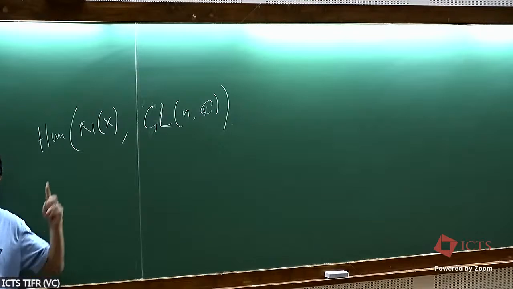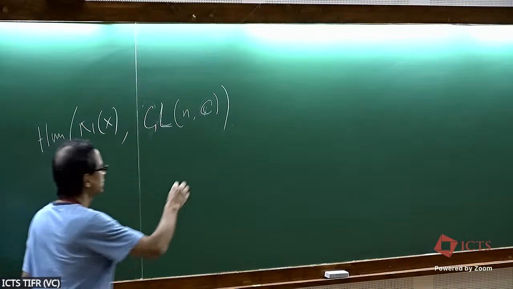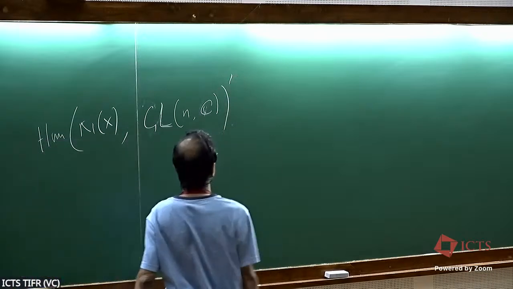So pi1 of X acts on C^n by this homomorphism. Once you fix a homomorphism from pi1 of X to GL_N(C), you say that it is completely reducible, which means it's a direct sum of irreducible representations. So I am considering completely reducible representations.